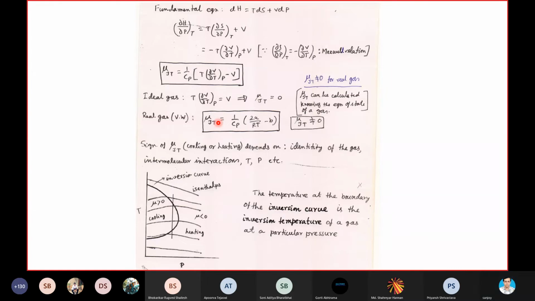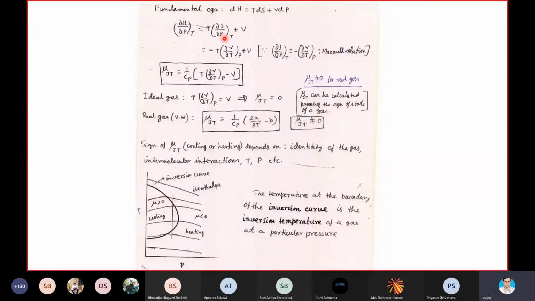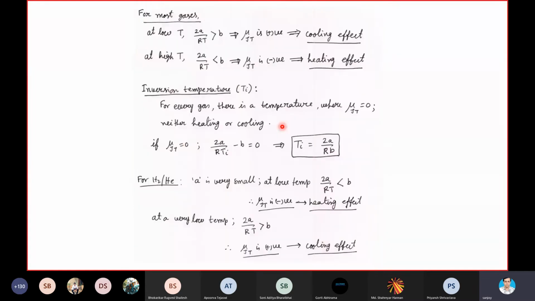In most cases, what we find at low temperature, meaning room temperature and below, is that this term becomes large and greater than b, so μ becomes positive, which is a cooling effect.